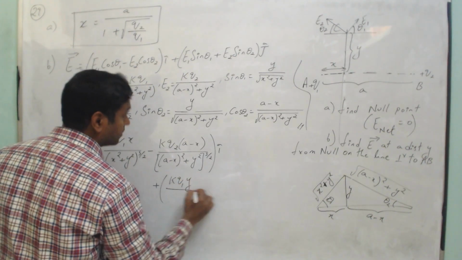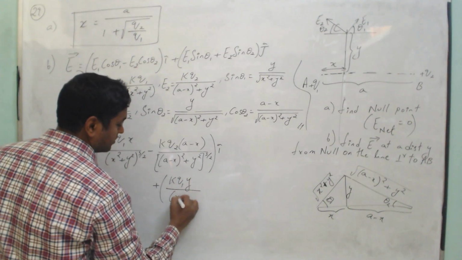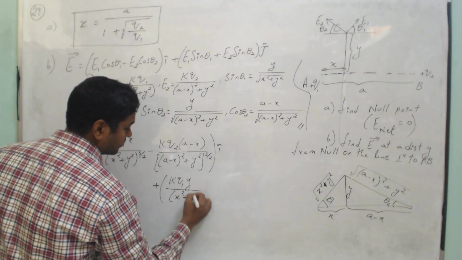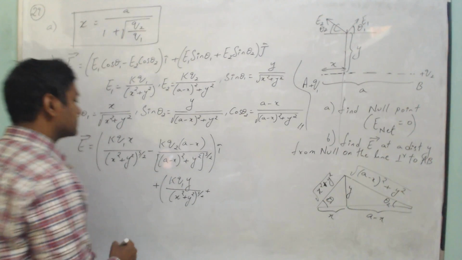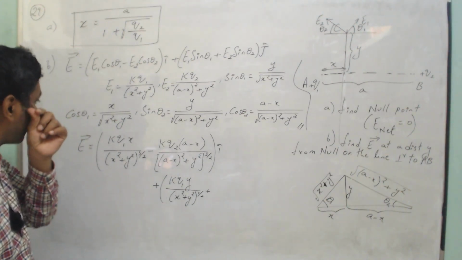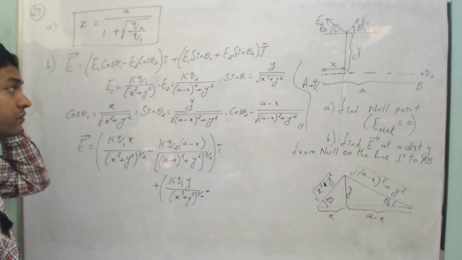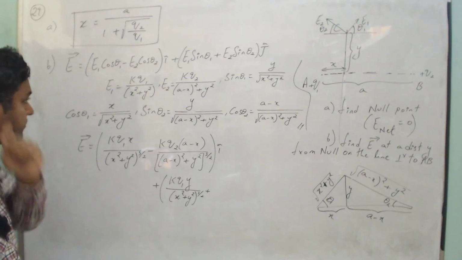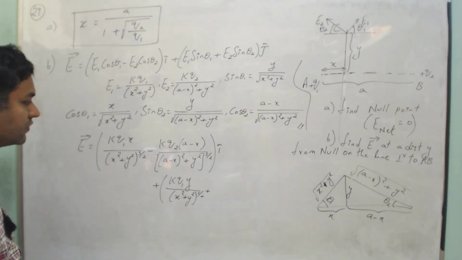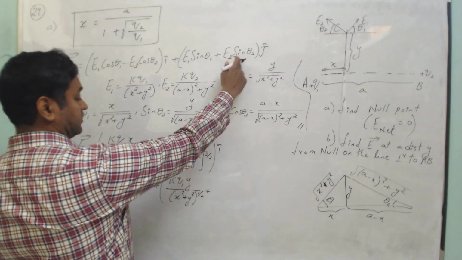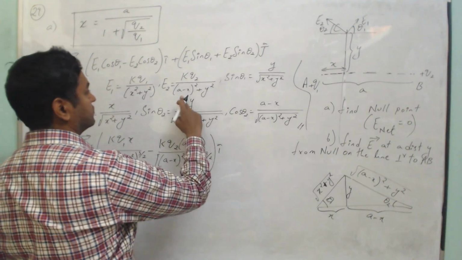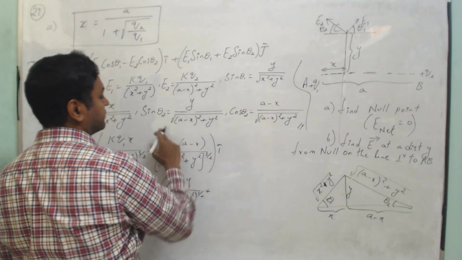Say KQ1Y upon X square plus Y square whole to the power 3 by 2 plus. We have E2 sin theta 2, the multiplication of these two.